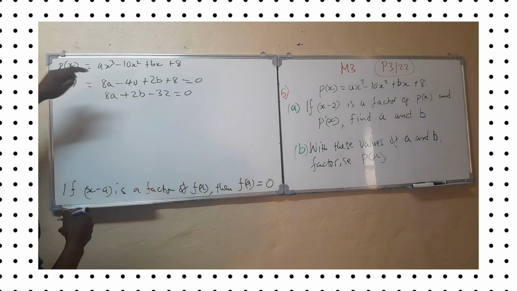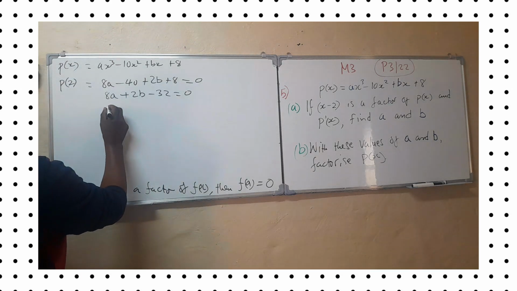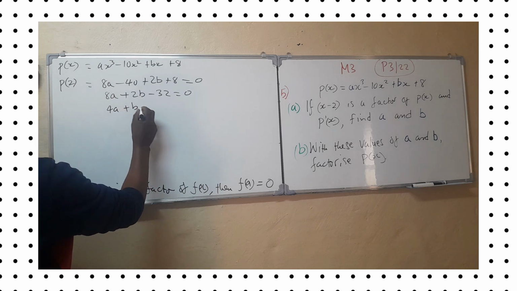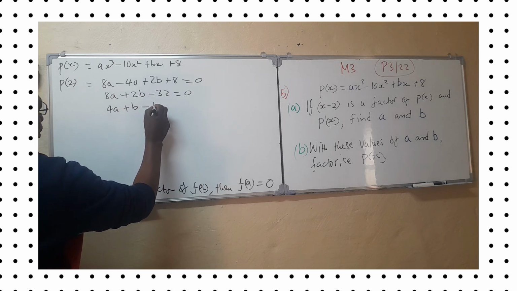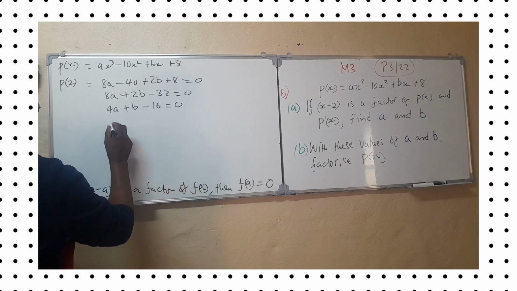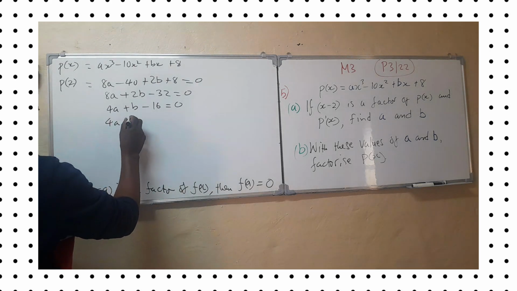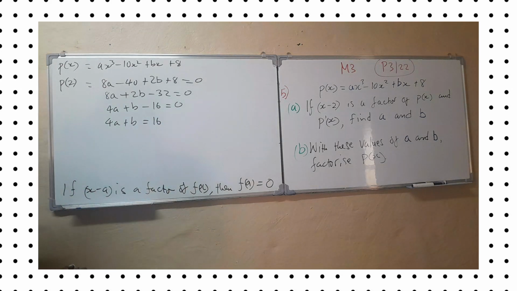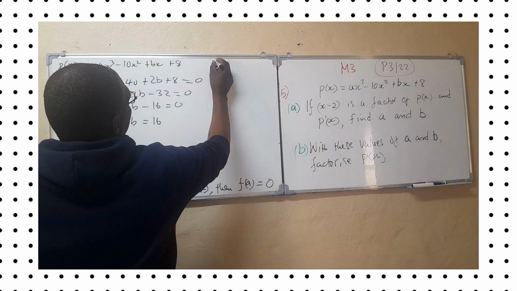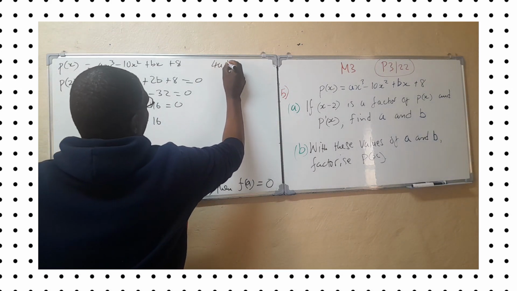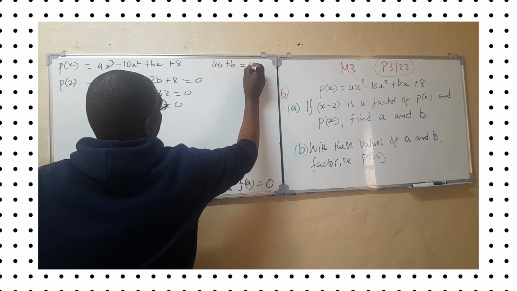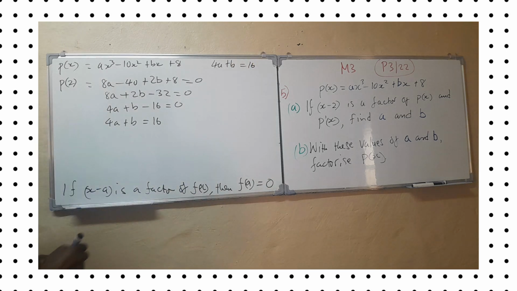We can simplify this and say this will be 4a plus b minus 16 is equal to 0, or 4a plus b is equal to 16. So let's write this down somewhere here. So 4a plus b is equal to 16. That's equation number 1.